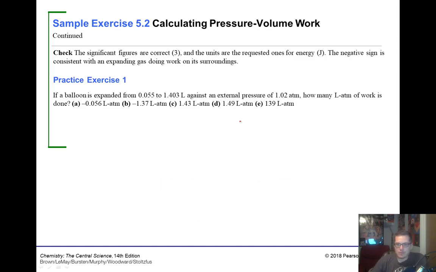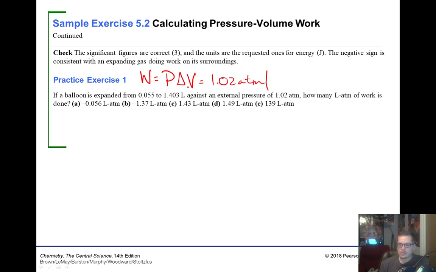It says if a balloon is expanded from 0.055 to 1.403 liters against an external pressure of 1.02 atmospheres, how many liter atmospheres of work is done? So we know work is equal to the pressure times the change in volume. The pressure is 1.02 atmospheres. This is easy.